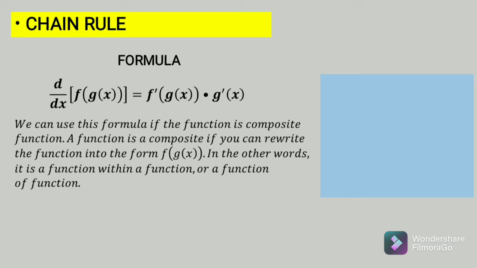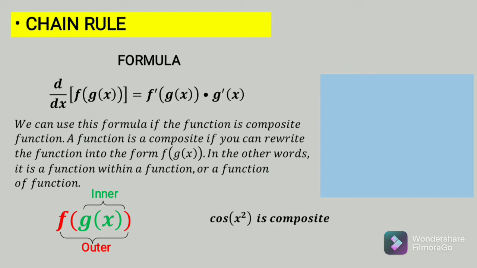In the chain rule, the composite function consists of inner and outer. So in f of g of x, g of x is our inner and f of x is our outer. For example, cos of x squared is composite.